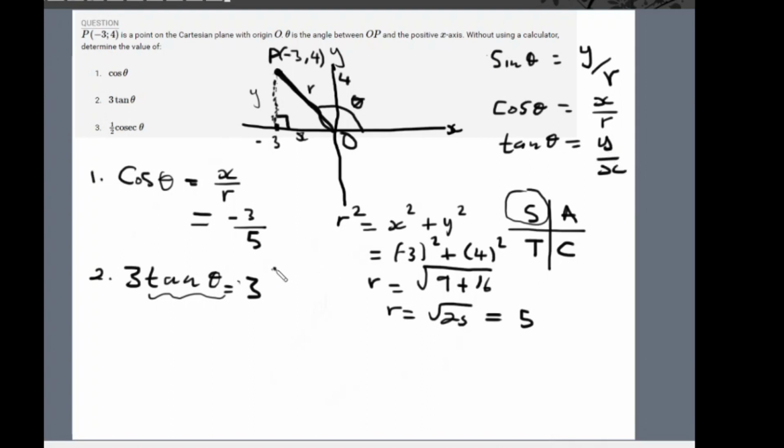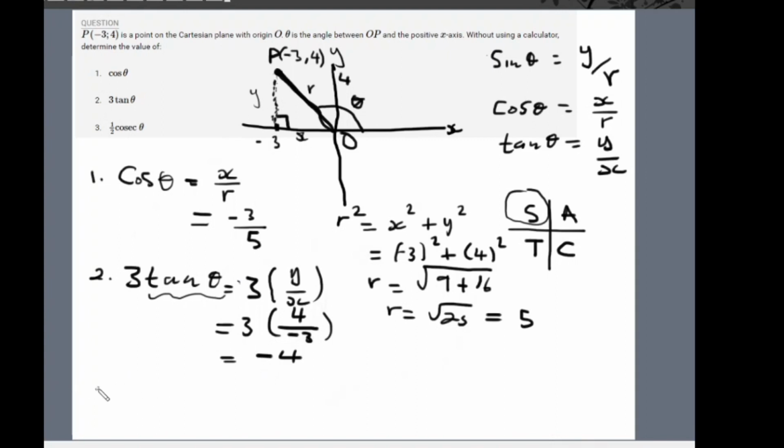We know the value of y is 4, and we know the value of x is -3. So tan theta will be equal to -4 over 3, right? Sorry, 3 tan theta will be equal to -4.